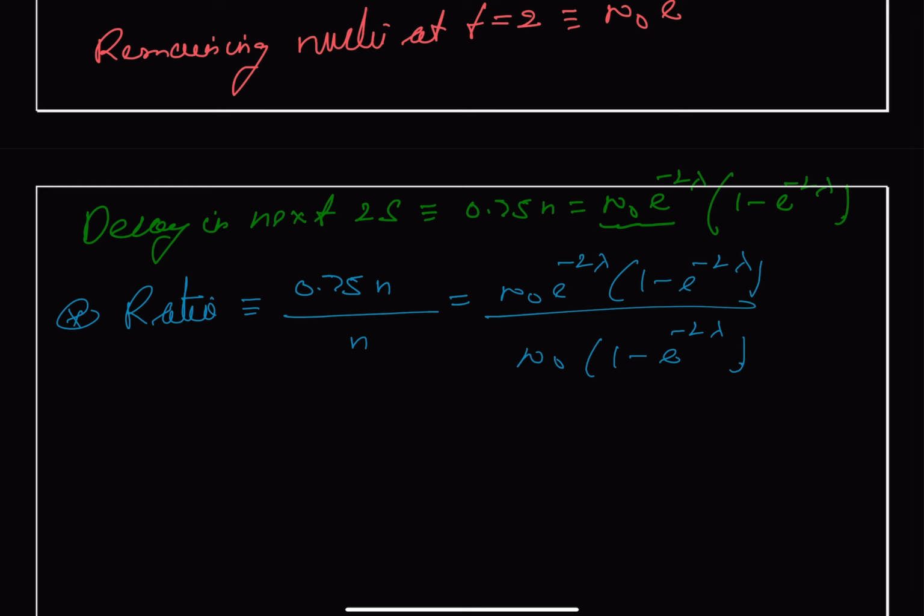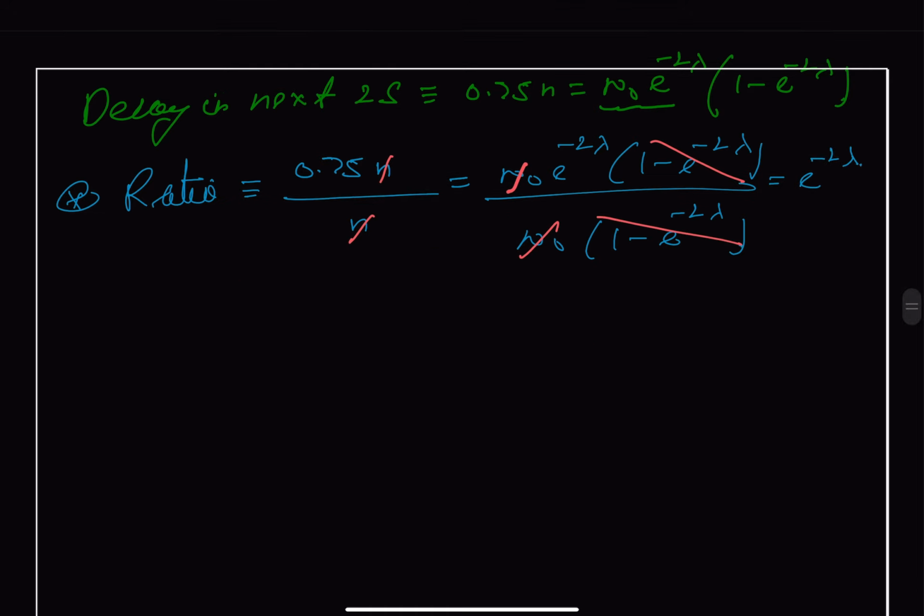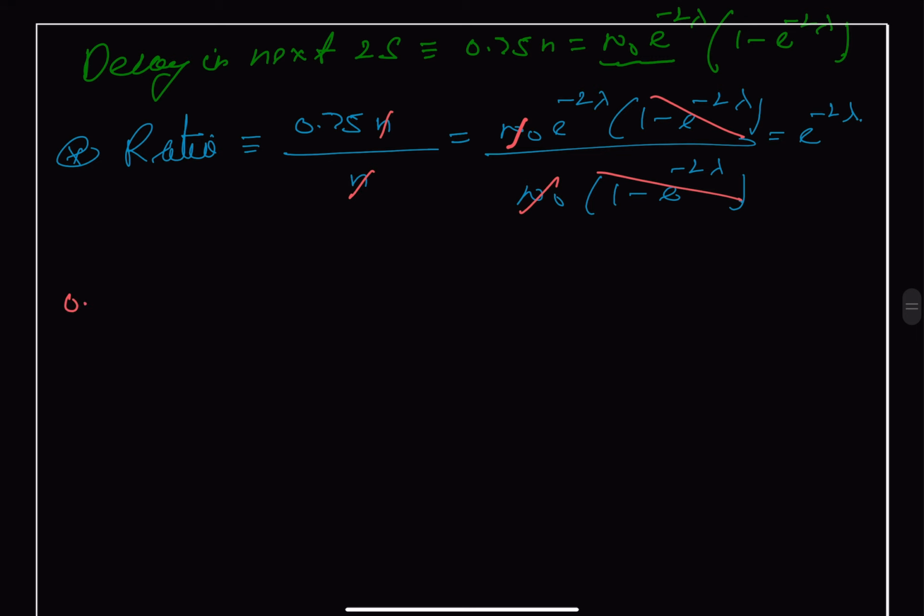Here N, N naught and everything else goes away, so the only term left is e raised to the power minus 2 lambda. So we can write 0.75 is equal to e raised to the power minus 2 lambda.